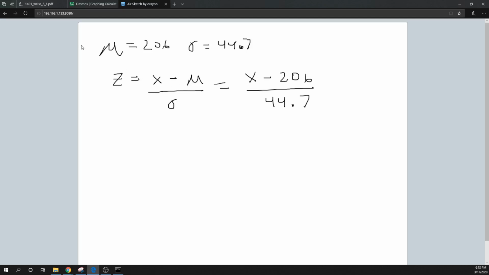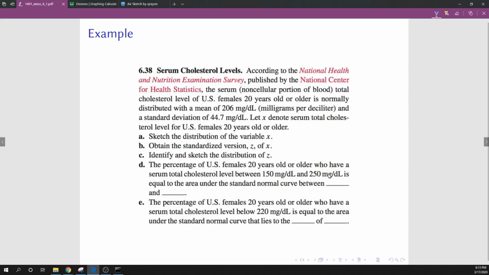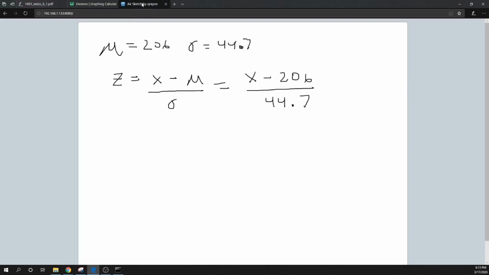Now what they want us to do is to find the z-score for 150. For 150, we plug that into our formula for x. So 150 minus 206 divided by 44.7. We need to calculate that out.